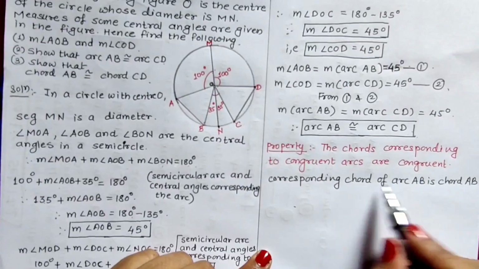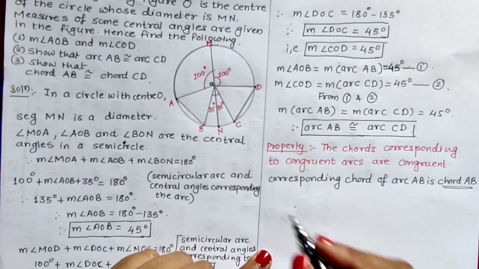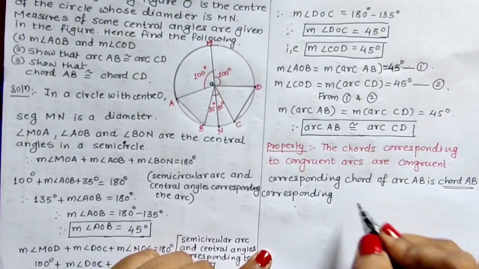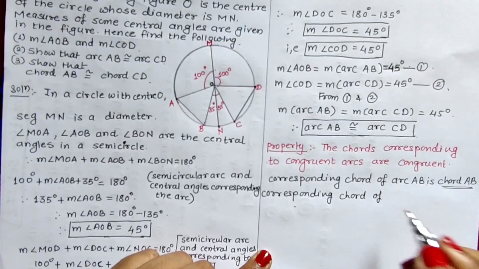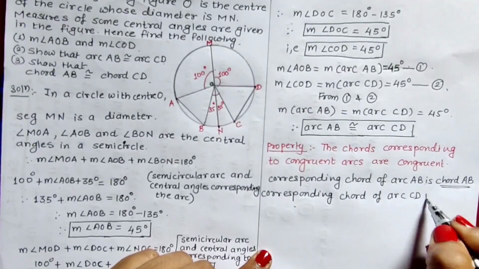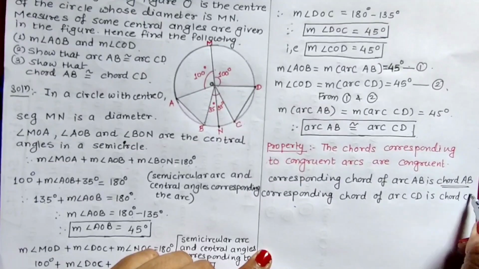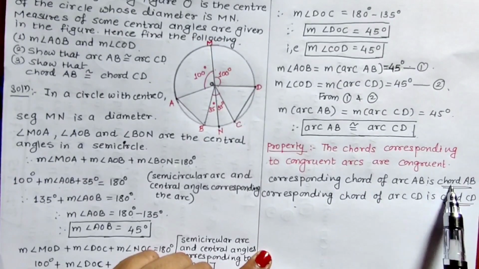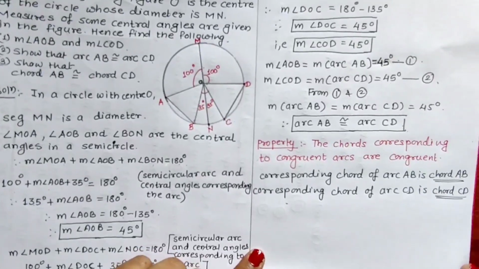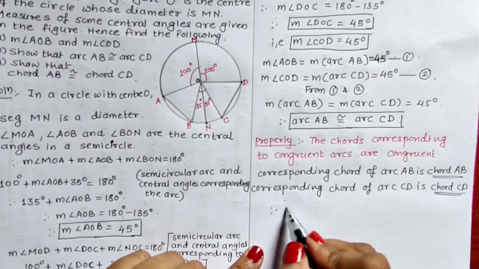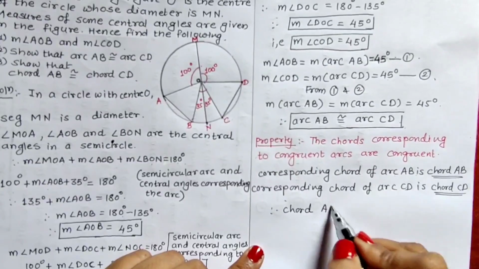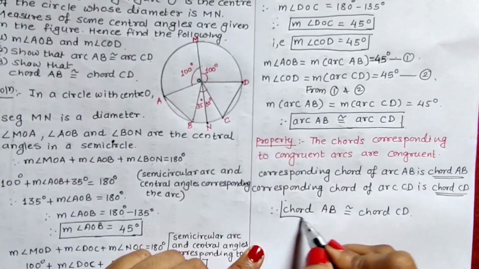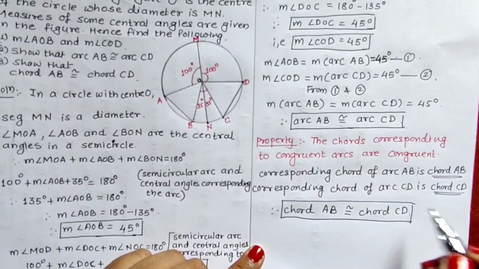So the corresponding chord of arc AB is chord AB, and the corresponding chord of arc CD is chord CD. As arc AB and arc CD are congruent with each other, hence chord AB and chord CD will also be congruent with each other. Therefore, chord AB is congruent with chord CD. In this way, we can complete this question number 2 from this practice set.